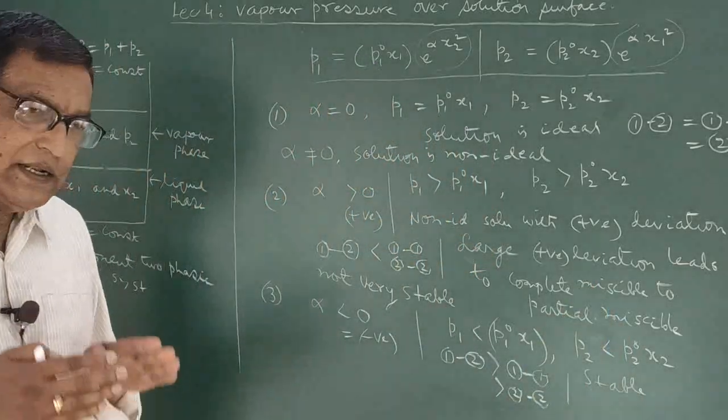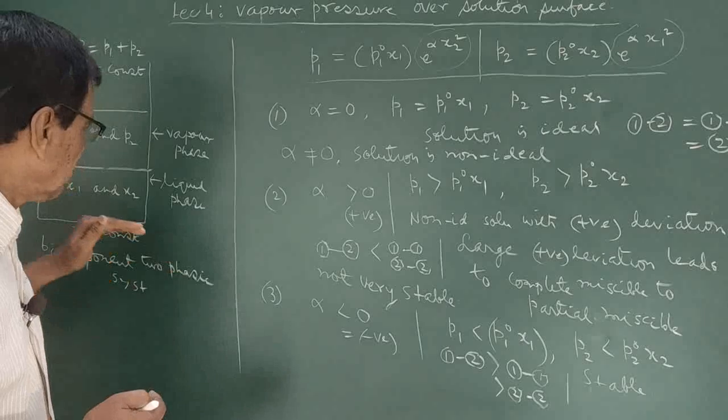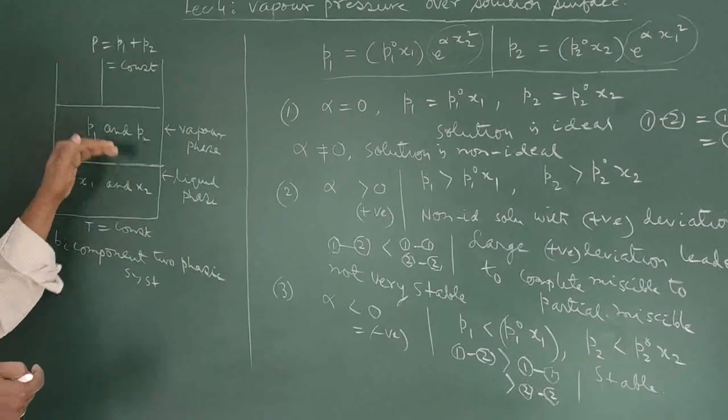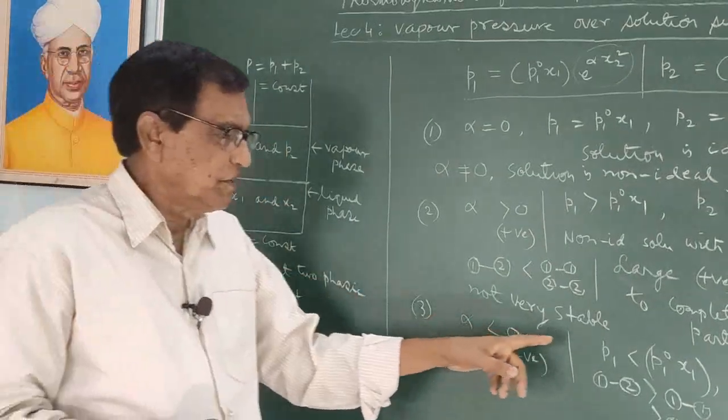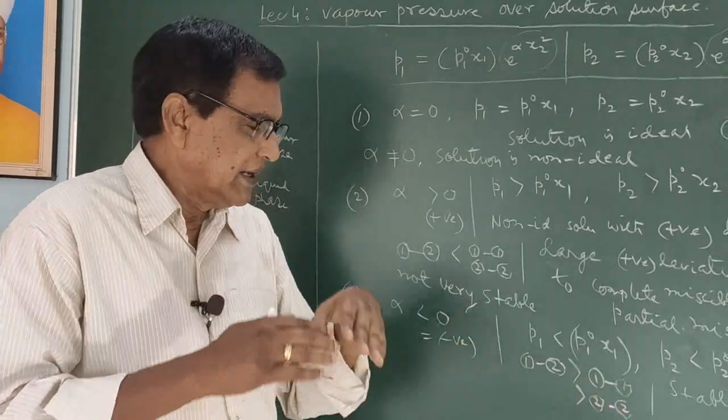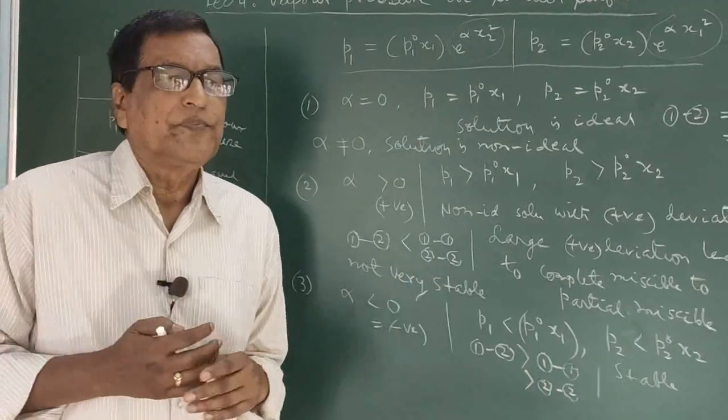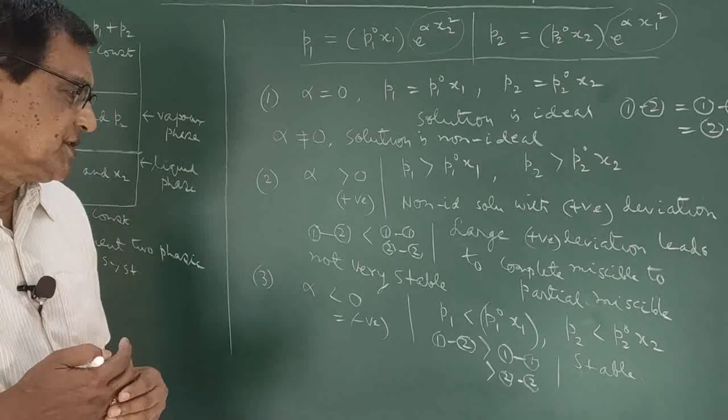There will be less tendency for the components to vaporize, so P1 and P2 are less in comparison to the ideal solutions.